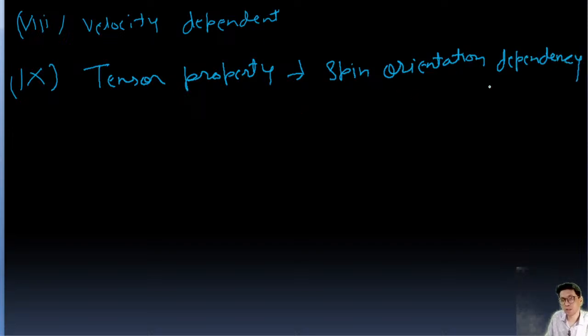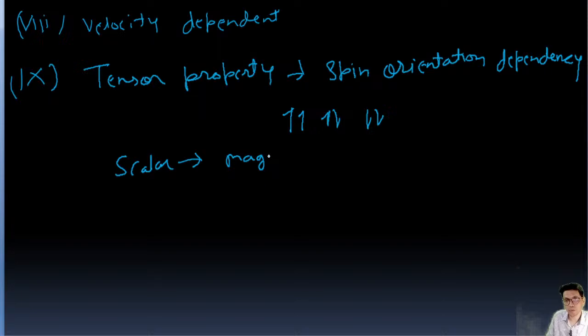Spin orientation dependency means, like, if this is this spin, or if this is this spin, nuclear forces have tensor property. We know what tensor is, right? Scalar has only magnitude.